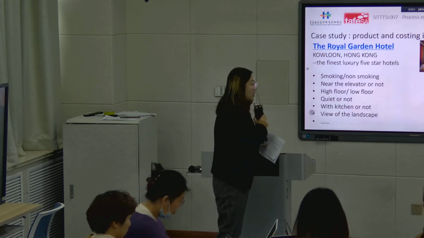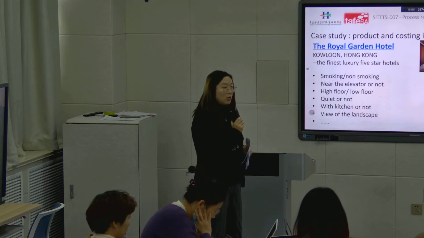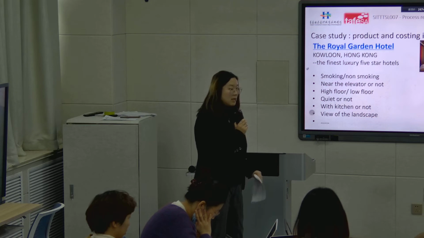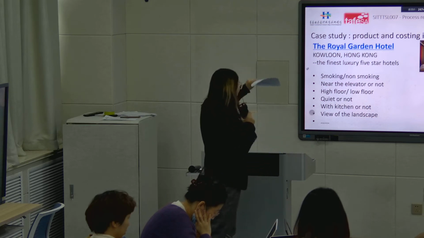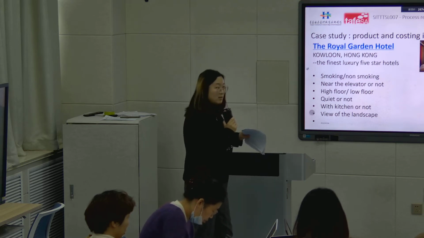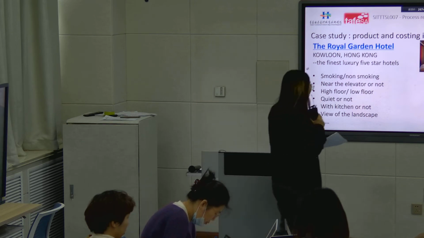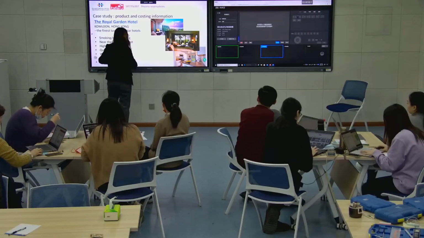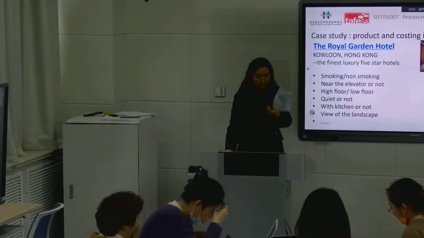But some guests who maybe have some trouble with feet or legs, they like the room near the elevator. The high floor, low floor, quiet, and some apartment rooms have a kitchen and a view of the landscape, right? So you also need all of this information clearly, so you can introduce the room to guests clearly. Okay.